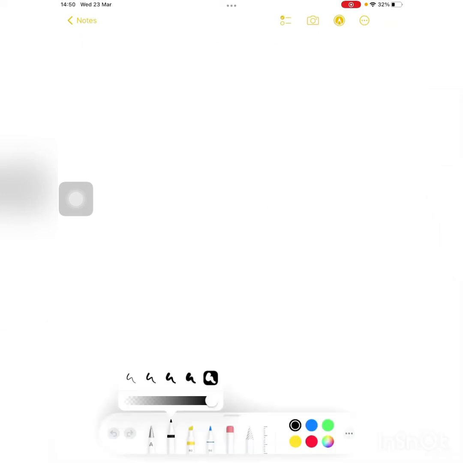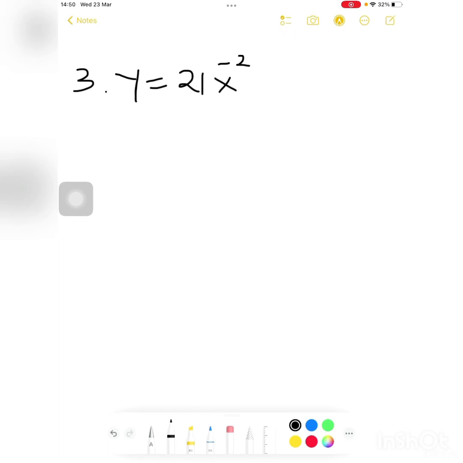Example number 3 is y equals 21 x^(-2) plus 7 x^6 plus 3x plus 8.